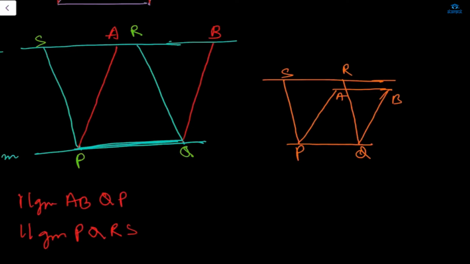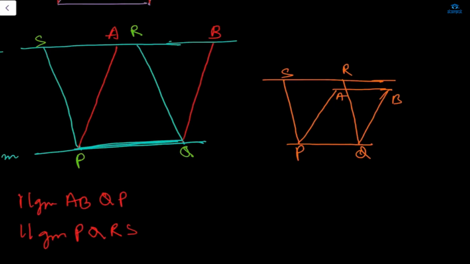Now PQRS is on the same base and ABQP is also on the same base, but they are not between the same parallels. You can see AB is not on that same parallel. It is slightly below, or it can be slightly above also. So it should lie on that same parallel line, between the same parallel lines.